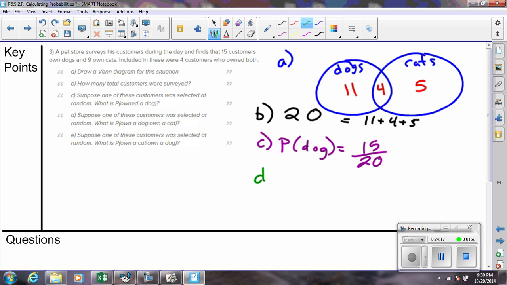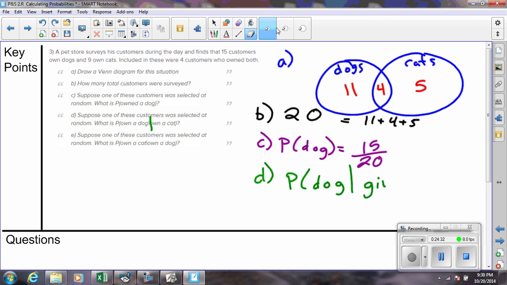For part D, what is the probability that they own a dog, then you should see the vertical line, the probability that they own a dog, given that they own a cat. This is the first one that we've been looking at that says given. Whenever we say given, it's going to change the total amount that's possible.